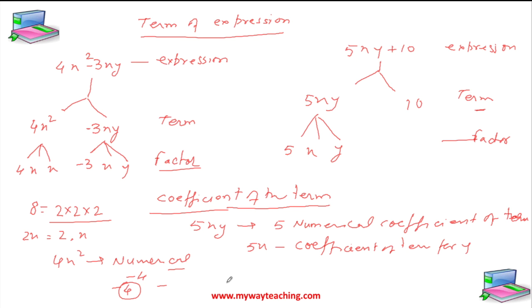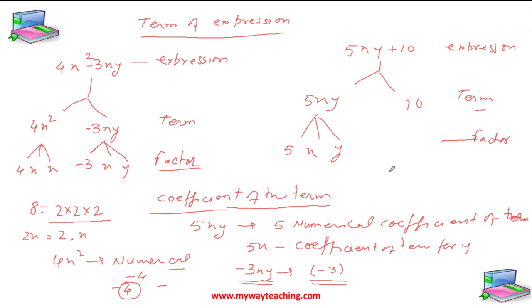So we will solve some examples. Suppose I take one more example, minus 3xy. What is the numerical coefficient? Here the numerical coefficient is minus 3, because we always consider the sign. So the numerical coefficient here is minus 3.